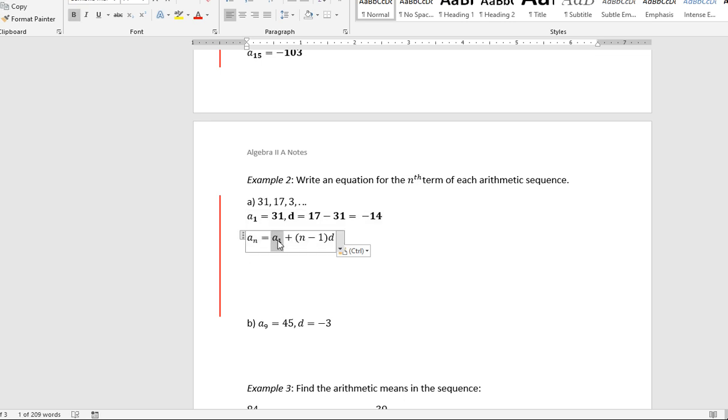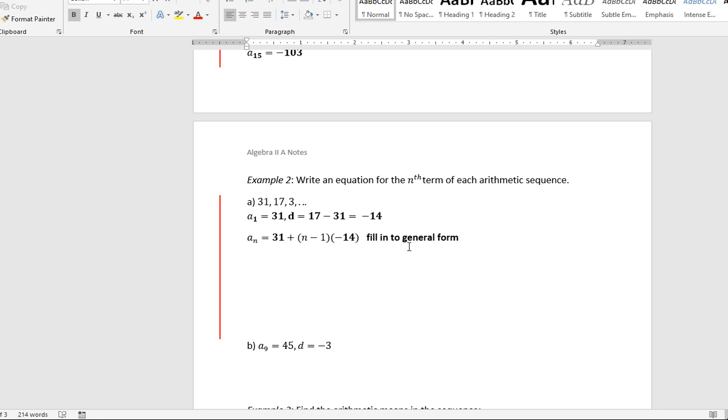A sub 1 we know, it's 31. N is fine. We want to keep it as n. And our common difference was negative 14. So here, this step is fill in to general form. Alright, then we're going to solve and make it into a linear equation.